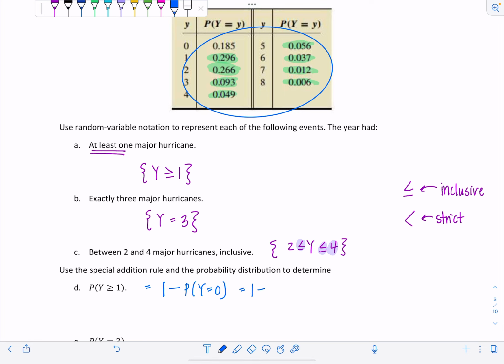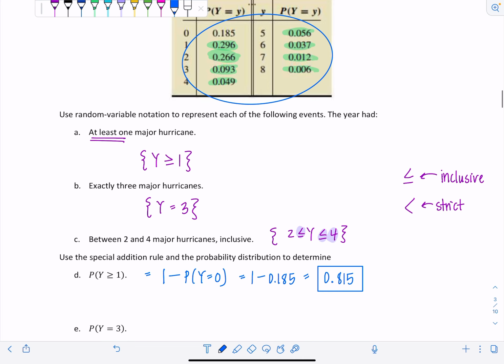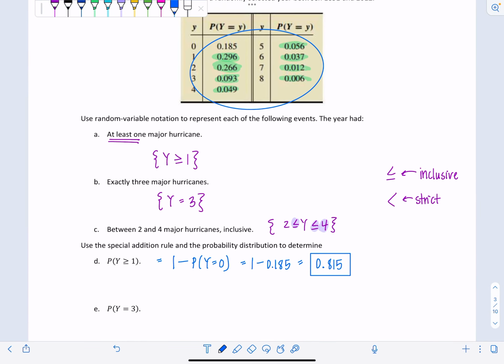So that would be 1 minus 0.185, which is 0.815. And if you want to double check, you could add up all the probabilities for 1 through 8, but this is much faster. Since we know the sum of all the probabilities is going to be 1, just do 1 minus the one that you don't need.